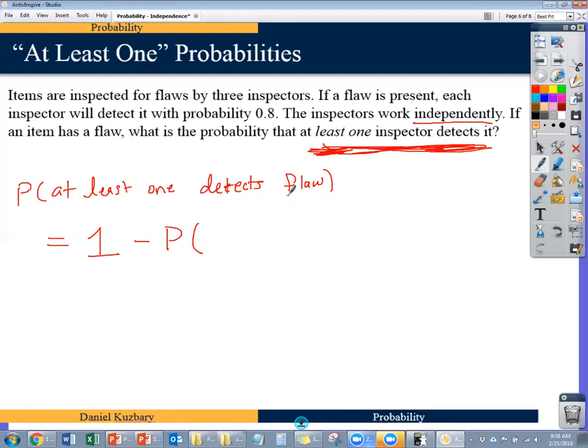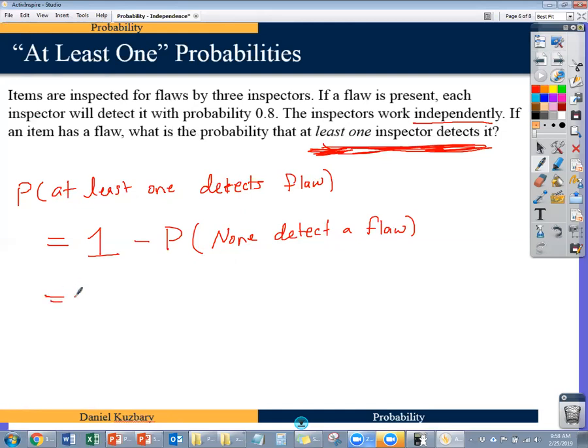The complement of this is going to be that none of them find it. So none detect the flaw. And trust me when I say this is easier to find than at least one. This just gets messy because this could be one, or it could be two, or it could be three. This is a lot easier to find. This would be the probability that all three of them fail to detect it, which we can compute.